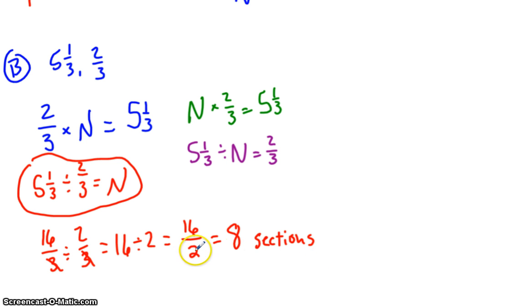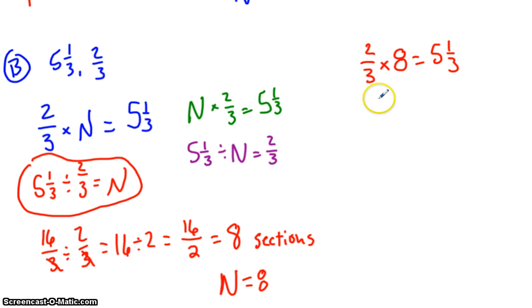So let's go ahead and plug in our n equals 8. So n would equal 8 in this instance. Let's plug that back into our equation up here. So let's try 2/3 times 8 equals 5 1/3. Let's see if this works. The first step, we would rewrite 2/3 times 8 over 1.